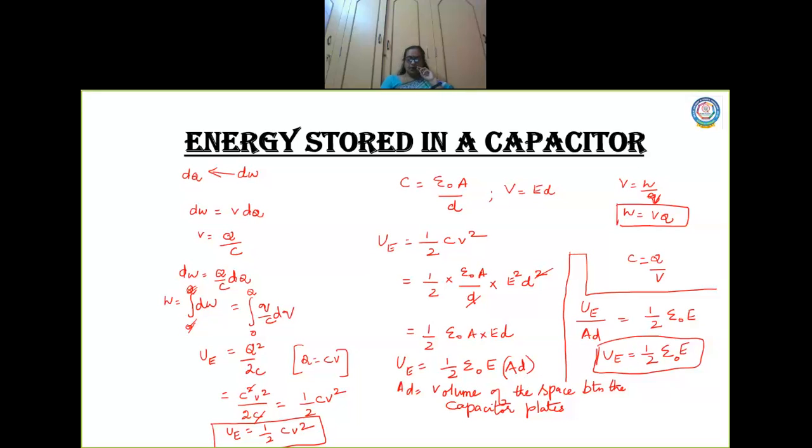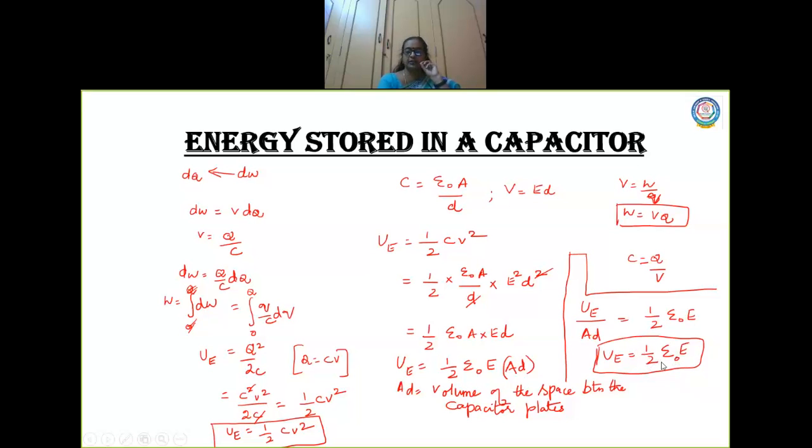Okay. Now the energy density also, here we talk about energy density. What is UE? As I told you, UE is nothing but energy density per unit volume of the space. So this energy density depends on what? Depends only on the electric field. Okay, look at the formula UE. Now this is a constant term, epsilon naught.